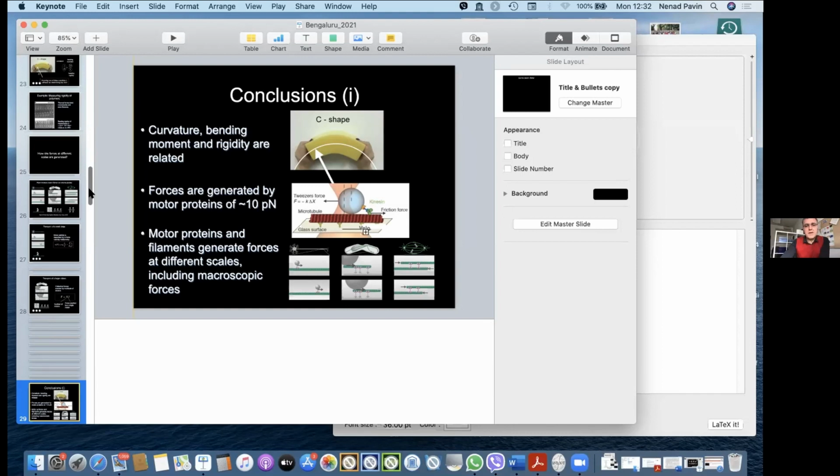Can you repeat the question? I'm not sure that I completely understood your question. So I mean, you have a small cargo that is diffusing around. Yes, and then I'm wondering even something of the size of, let's say, 100 to 200 nanometers. That's relatively small when you compare intracellular cargo, such as organelles.